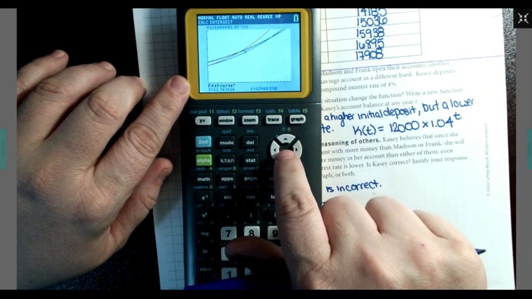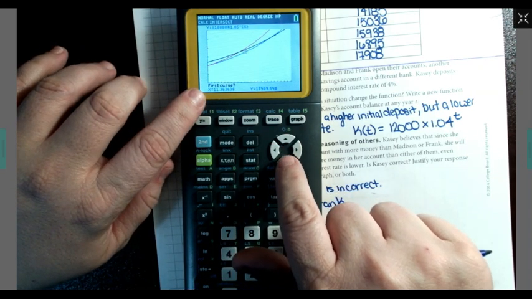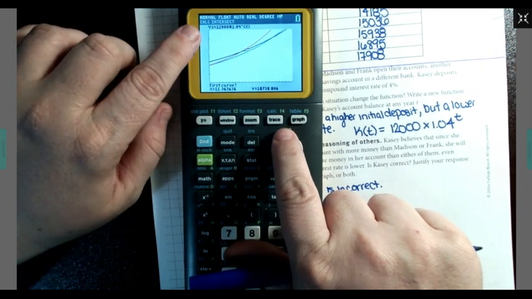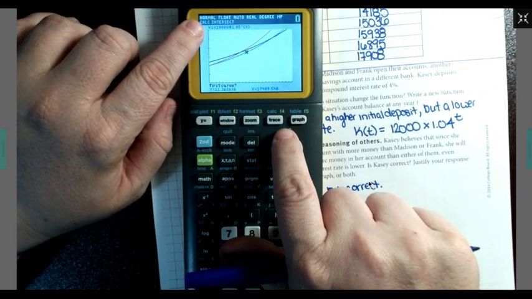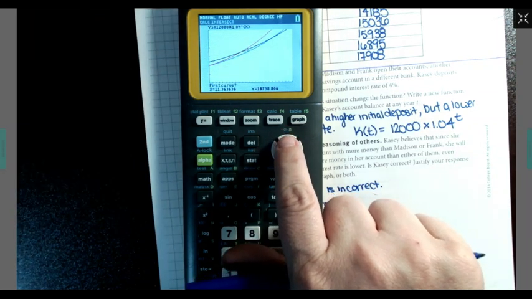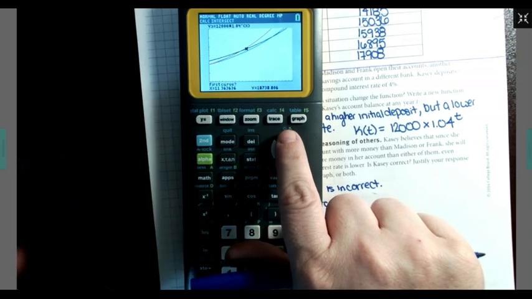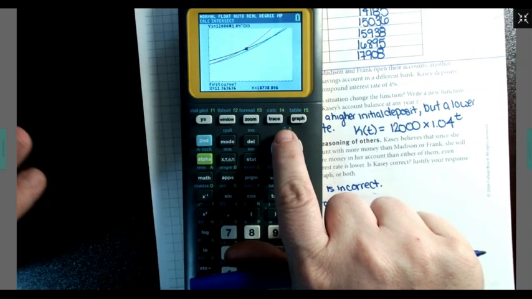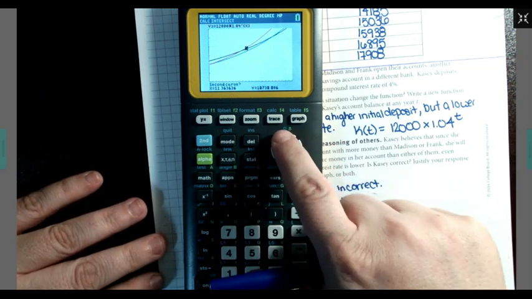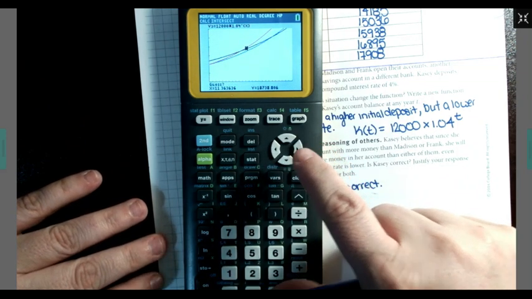My first curve, see how it's changing the lines at the top? I want to see where Frank and Casey cross. So Frank is 2, Casey is 3. My first curve is going to be line 2. My second curve is going to be line 3.